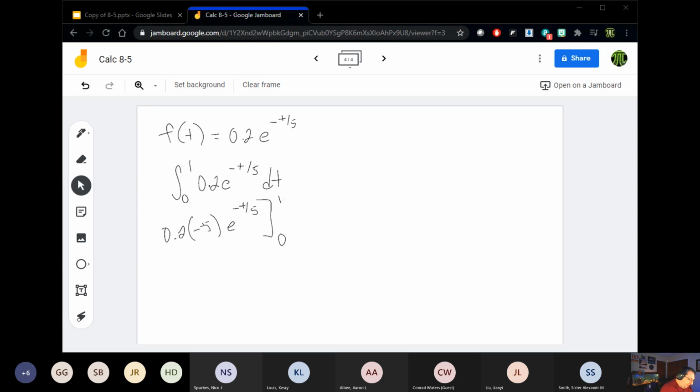When we plug in 1, 0.2 times negative 5 is negative 1, and we get e to the negative 1/5. When we plug in 0, this becomes 1, so I get minus a negative 1. So I get 1 minus e to the negative 1/5.